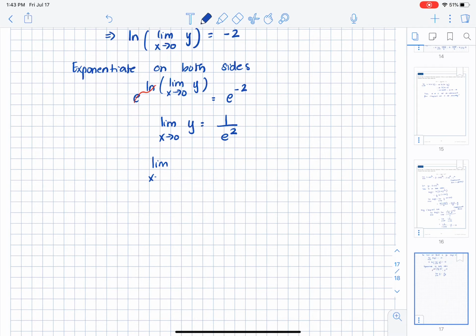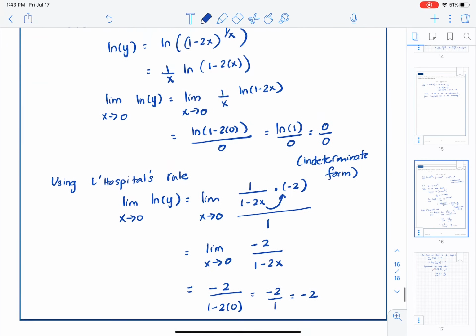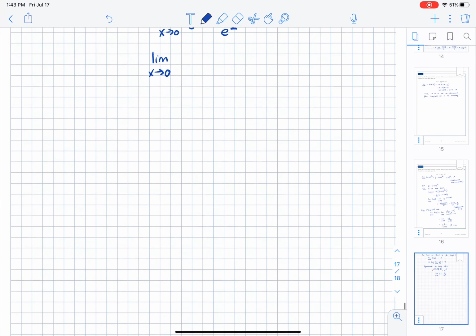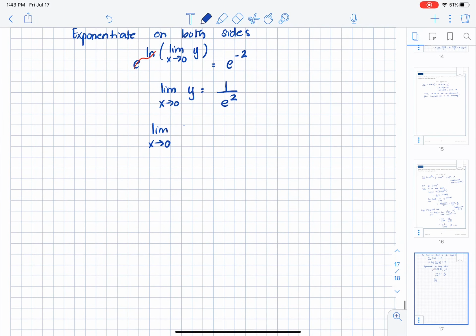Replacing y, which is (1 minus 2x) raised to 1 over x, that is what we had in our problem. So the answer is 1 over e squared.